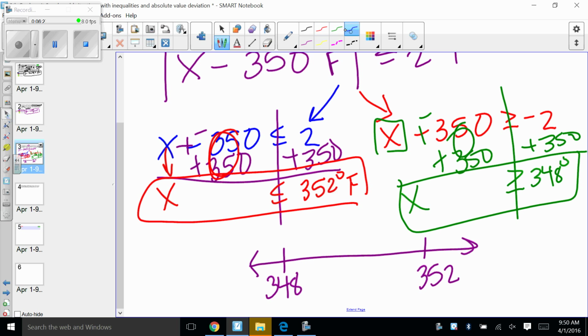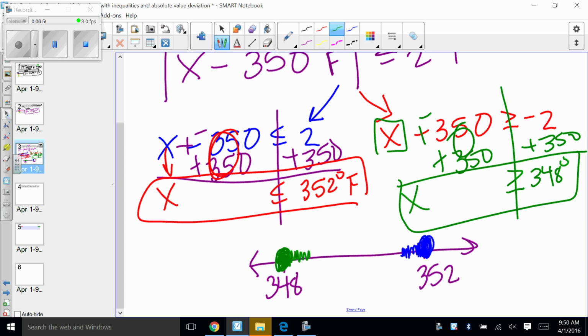So if we go ahead and take a look at that, we will accept anything that's 352 exactly or less, kind of thinking shading left there, decreasing in value. So I'm going to set it up as you can see on the screen in blue. We will also accept 348 exactly or more. We will not accept anything less than 348, however.